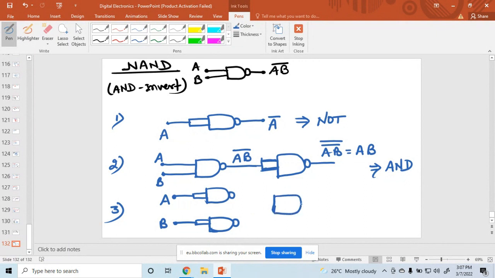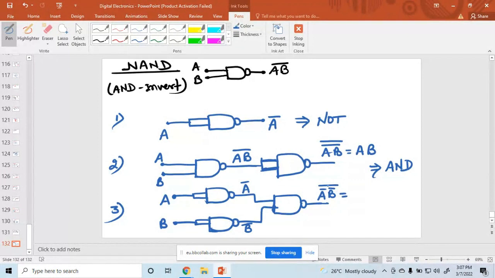The outputs of the first two are A bar and B bar, so the output here is (A bar into B bar) whole bar.